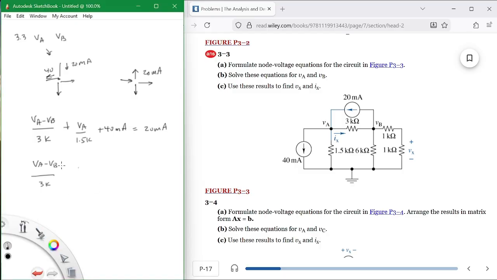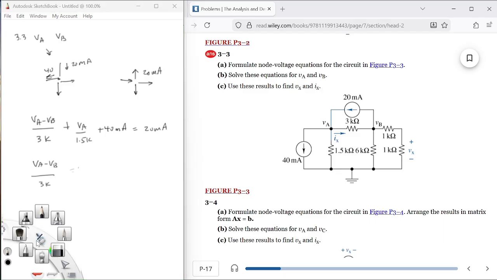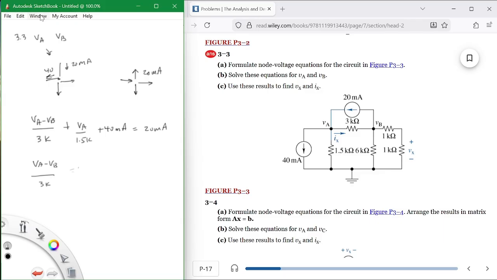Okay, so the current going in is this one right here. And that is equal to, whoops, I got the wrong flavor. The current going in is equal to the current going out. So current going in is VA minus VB over 3K. Current going out is VB over 6K plus VB over 2K plus 20 milliamps.